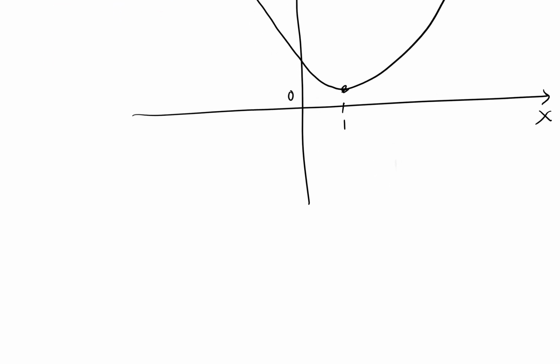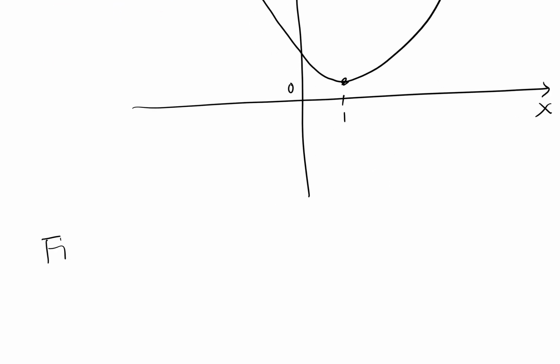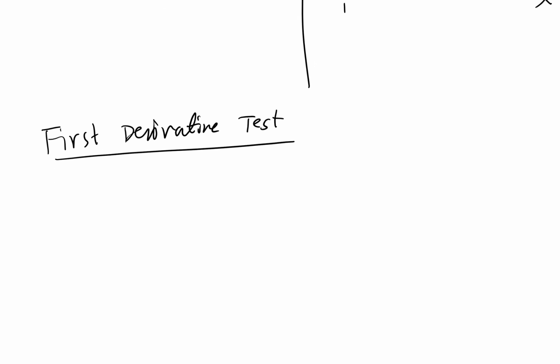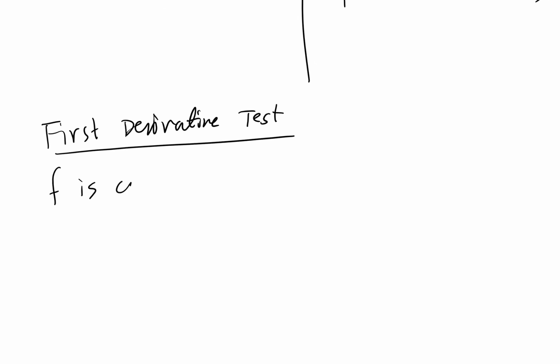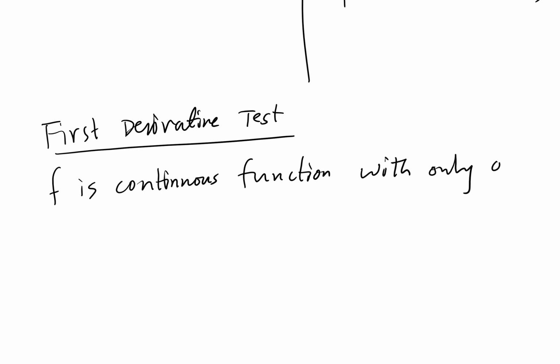And the last thing to explain is called the first derivative test, which we kind of used earlier in an indirect way. First derivative test: assume f is a continuous function with only one critical number c.